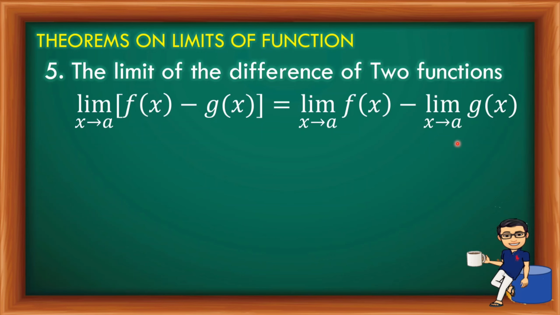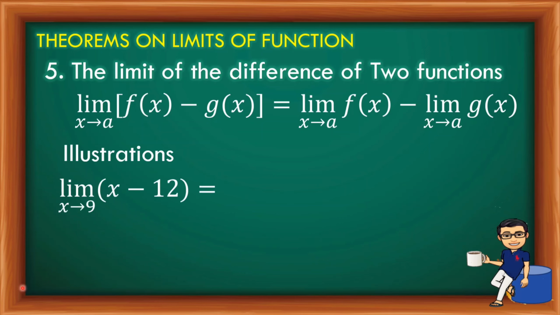So talking of that, for an example, we are about to work on an illustration. Let us consider that we're having this one. The limit of the quantity x minus 12 as x approaches 9. So you are going to get the individual limit of x as x approaches 9, minus the limit of 12 as x approaches 9.